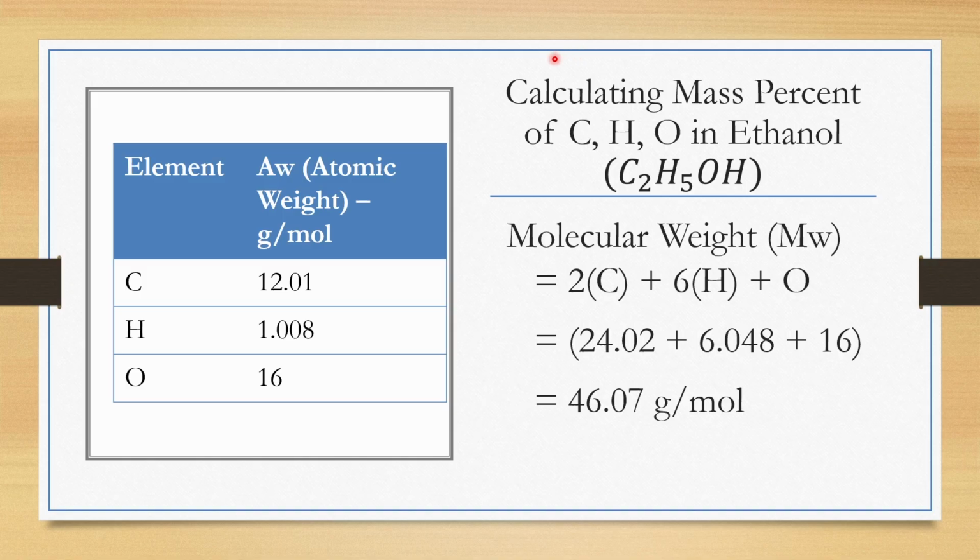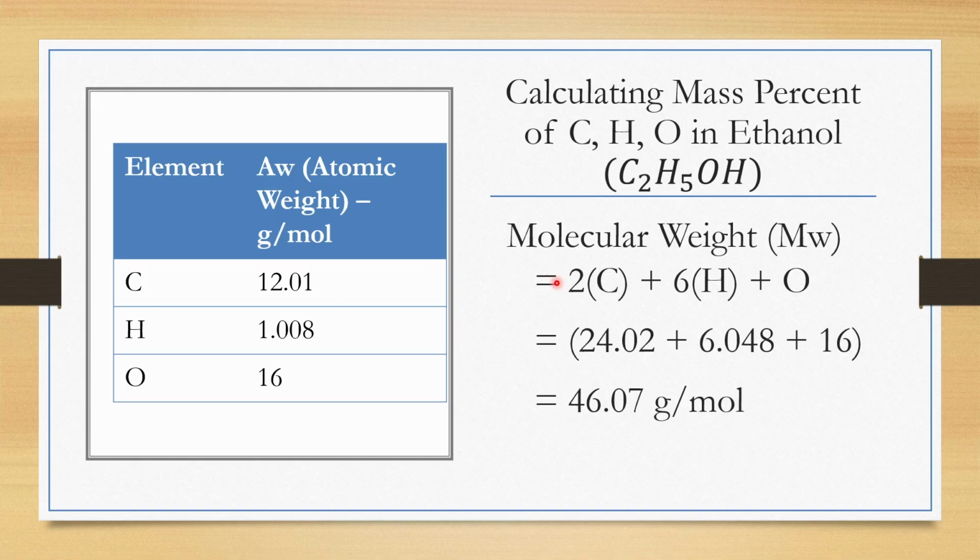In this slide, we'll be calculating the molecular weight of ethanol. So ethanol has 2 carbons. It has 6 hydrogens because there's 5 here and then 1 on the end. And then it has 1 oxygen. So if we go to the periodic table, we can get the atomic weight for all of these elements.